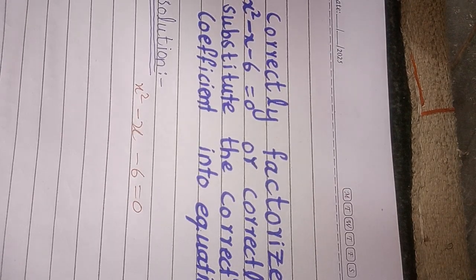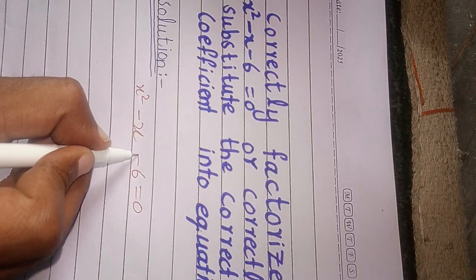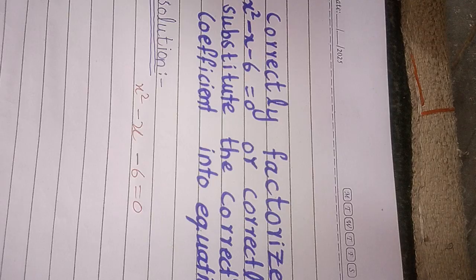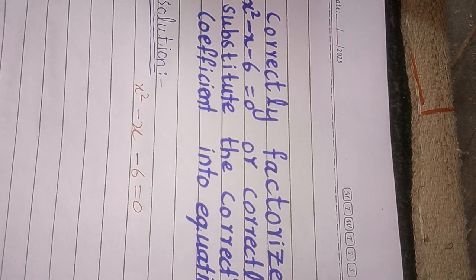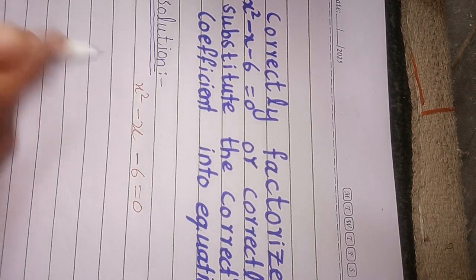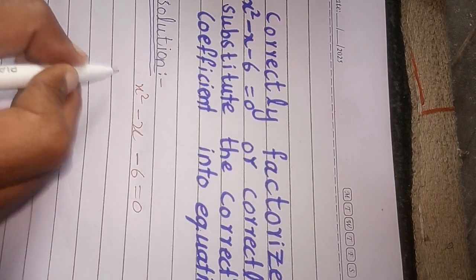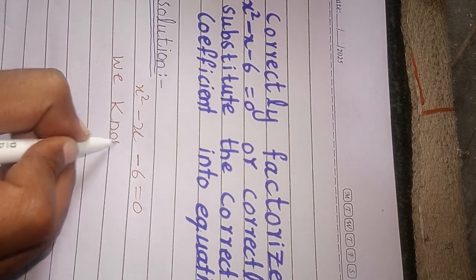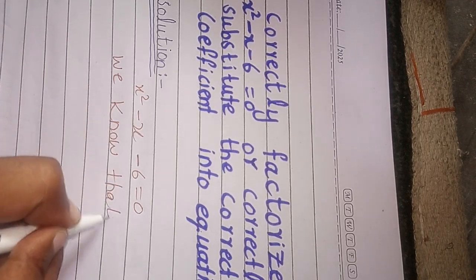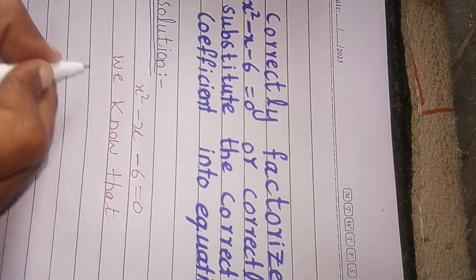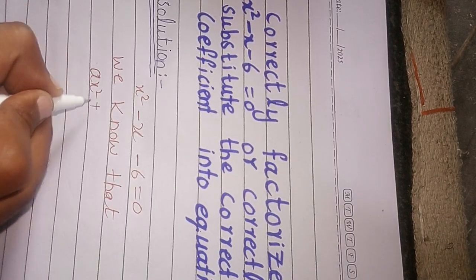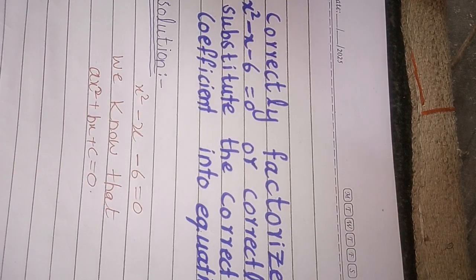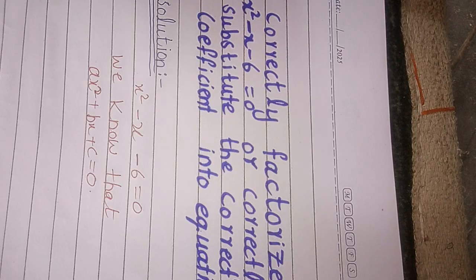So there are three methods to factorize an equation. One of them is the quadratic formula, second is factorization, and third is equating coefficients. So let's factorize it. We know the standard form of a quadratic equation is ax square plus bx plus c equal to 0, and we will compare both equations.